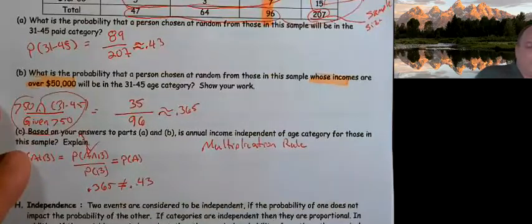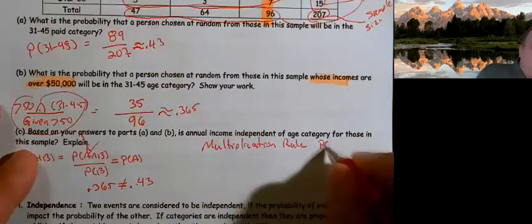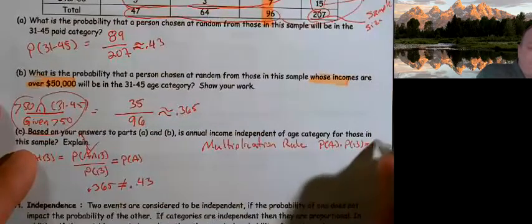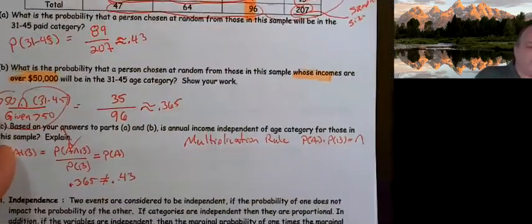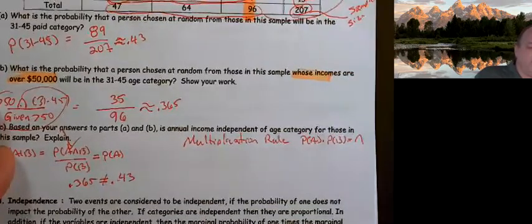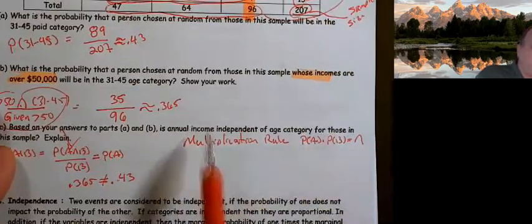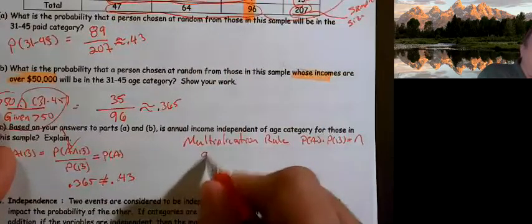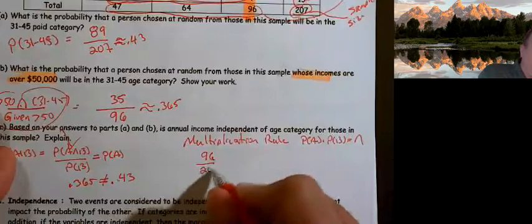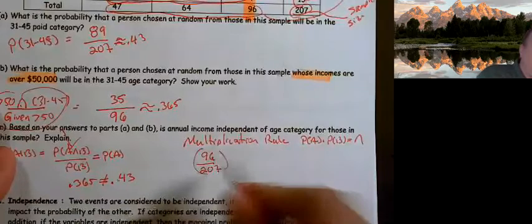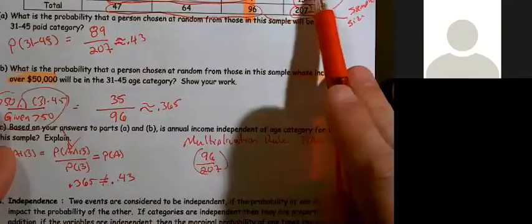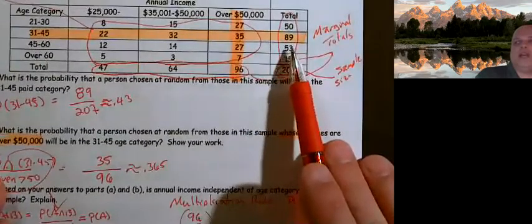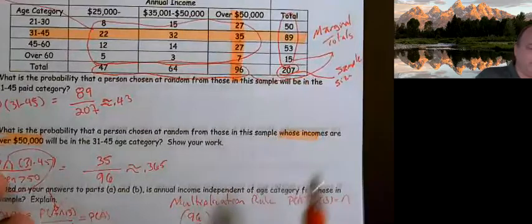The multiplication rule says the probability of A times the probability of B equals the intersection. All right? So in this case, we're interested in over 50, which would be 96 over 207. We're interested in a 31 to 45 category, which is 89 over 207.